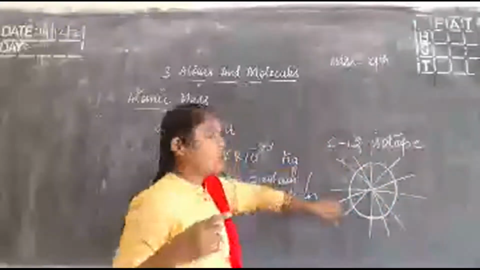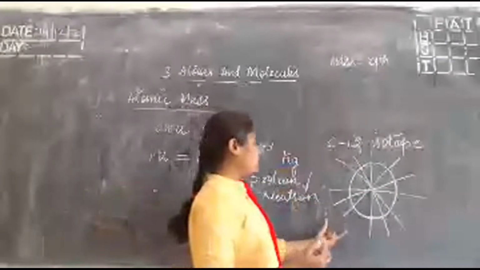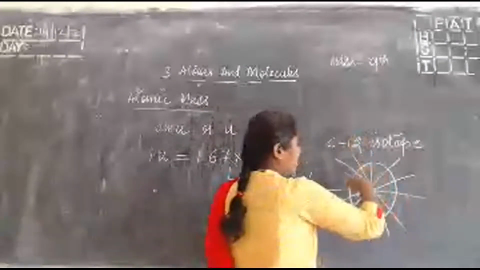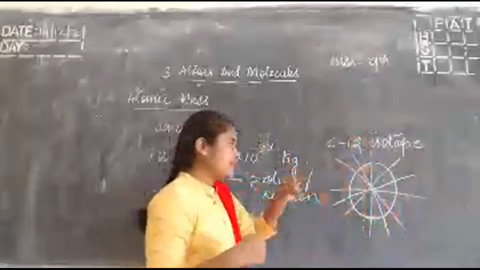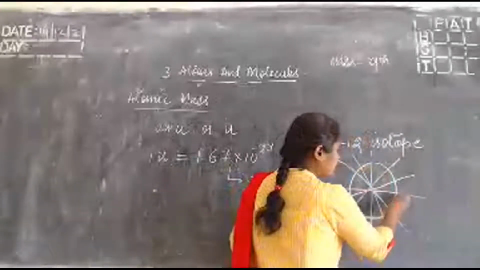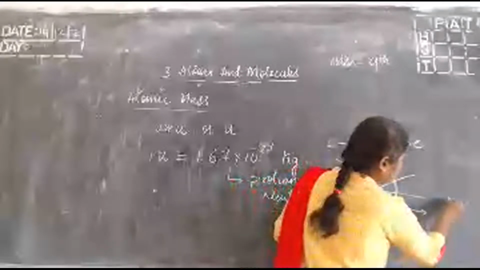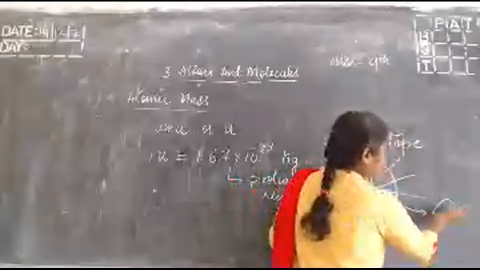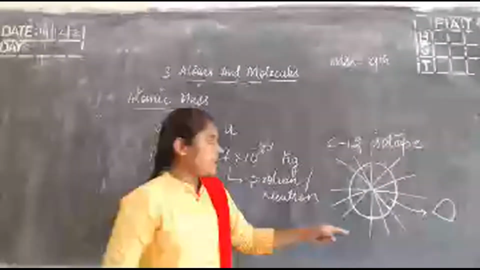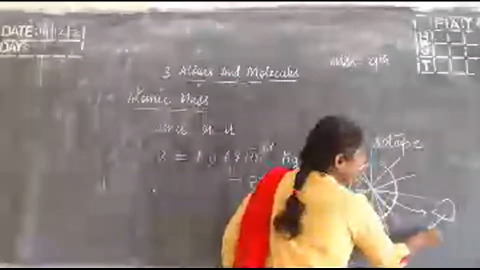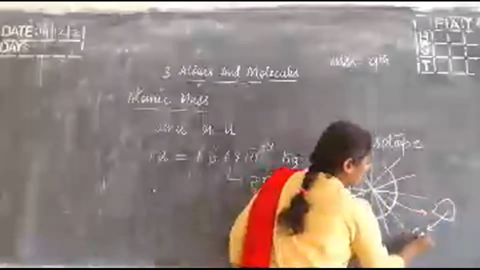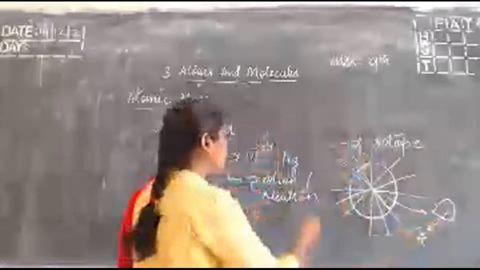Then they said if you take this as one unit, then whatever mass is there is equivalent to 1 U, or 1 AMU.